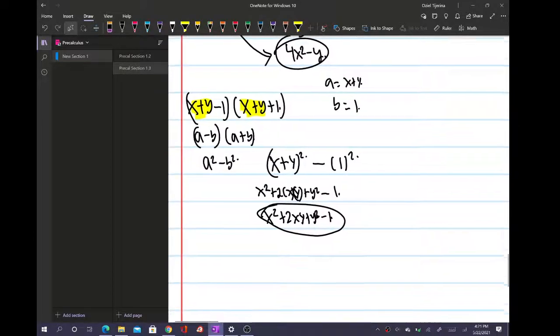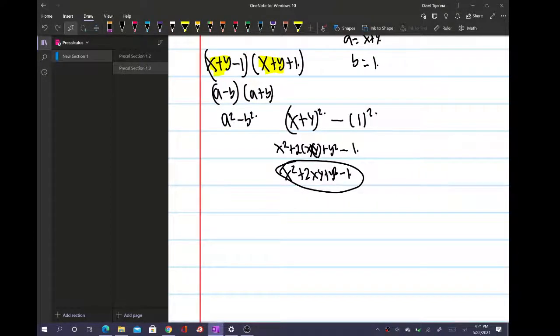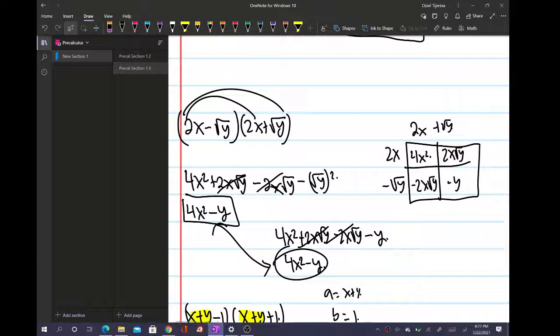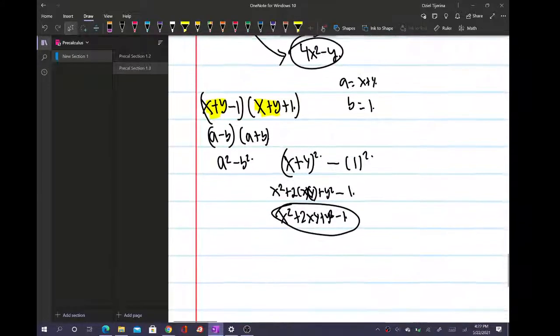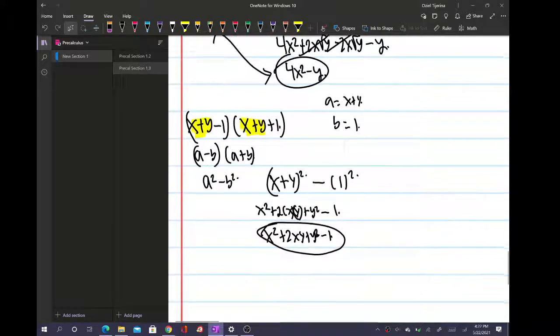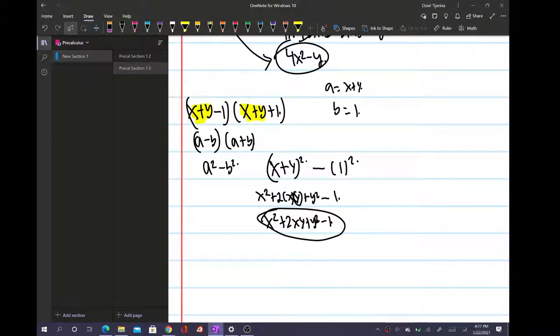It really is not that serious, but it would help you a lot in your future math courses if you try to remember the sum of two squares pattern, and also the square method and the FOIL method, because if you remember a lot of those, then you'll be good in calculus.